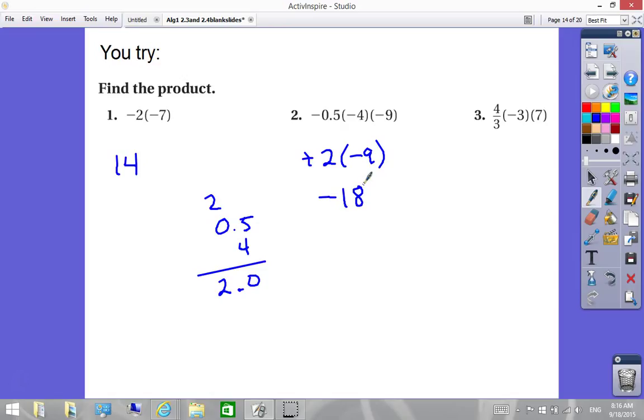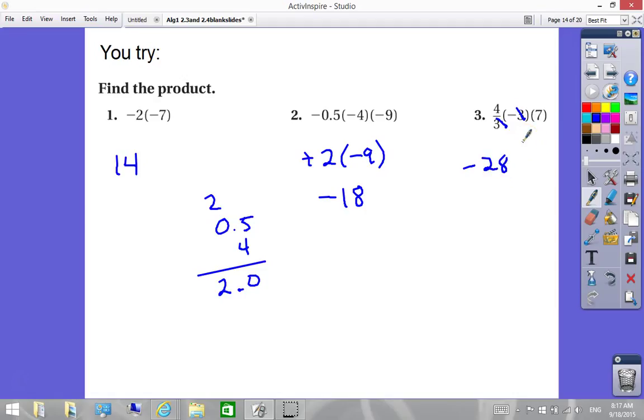And then the last one, many are having trouble with that. This is what you should do when you see something like that. The 3 in the denominator cancels the 3 in the numerator. All that's left is the 4, the negative, and the 7, which is -28.